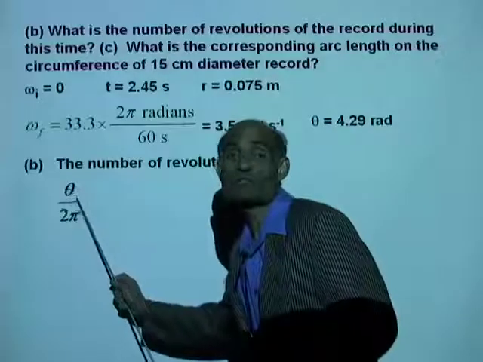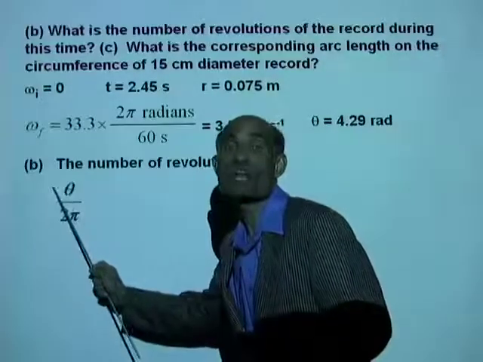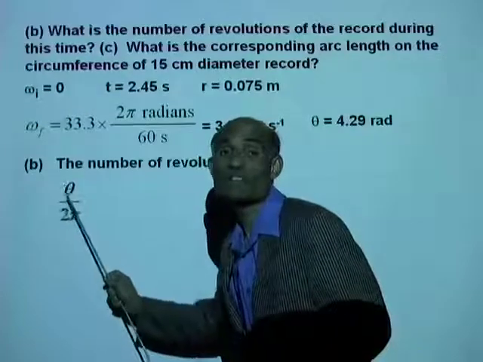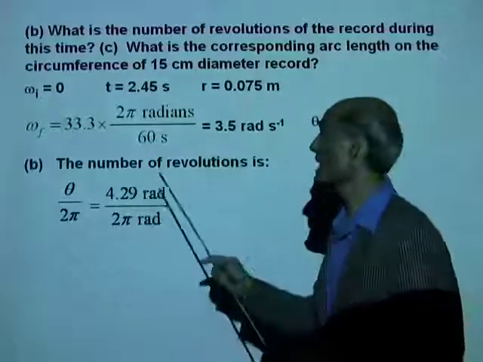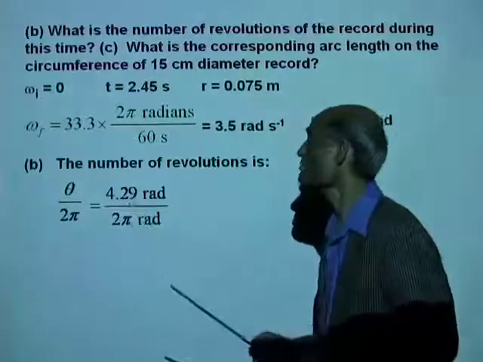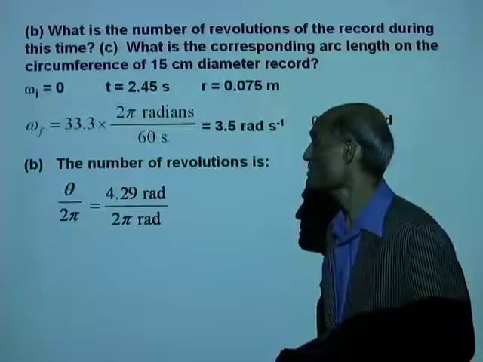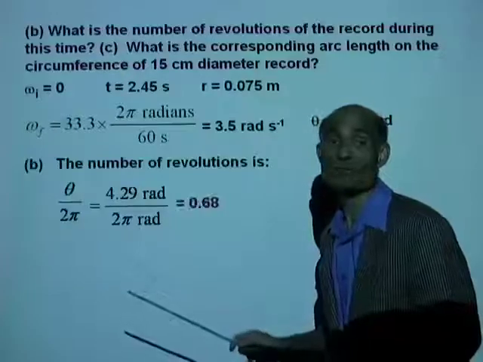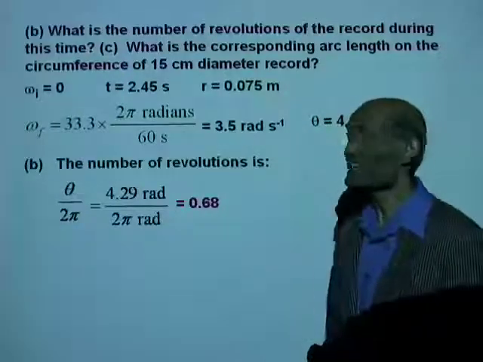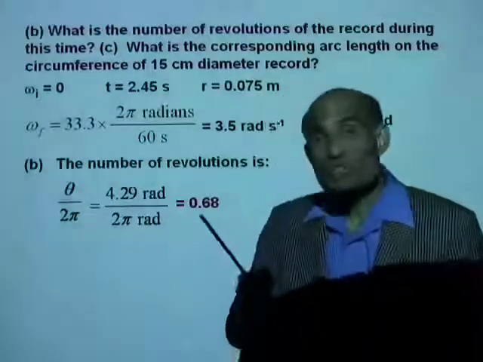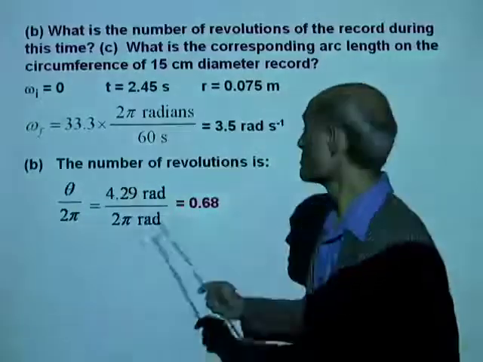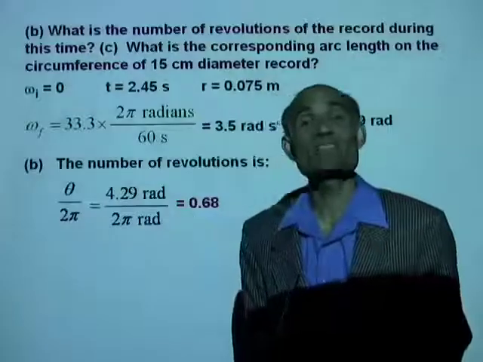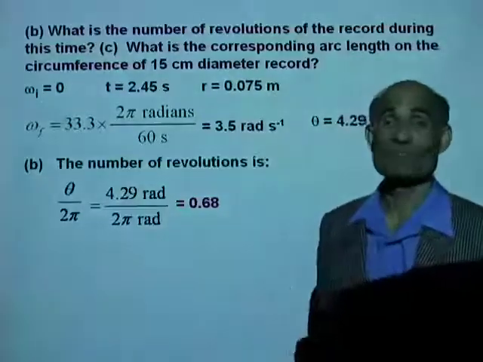Therefore, an angular displacement of theta will correspond to theta divided by 2 pi revolutions. That will be 4.29 radian divided by 2 pi radian, which is 0.68. So the disk did not go through one complete revolution. It completed 0.68 of a revolution.